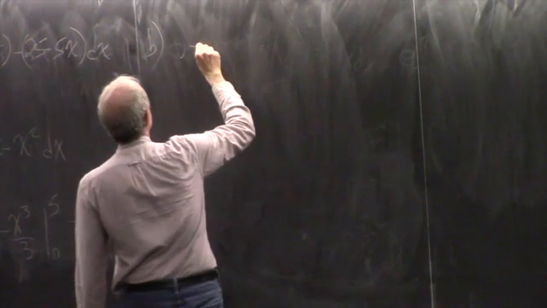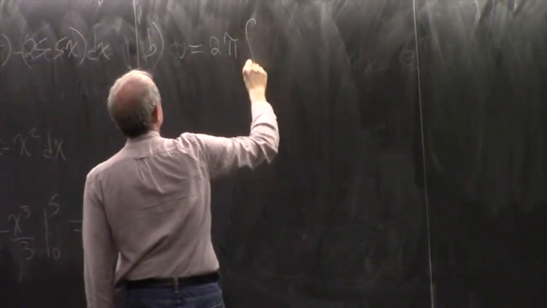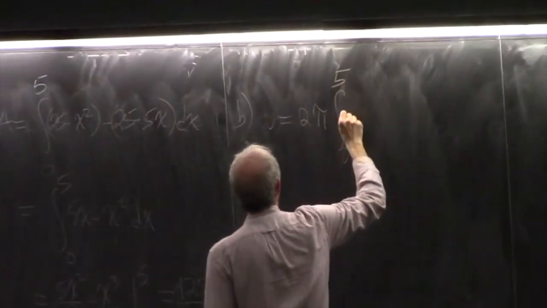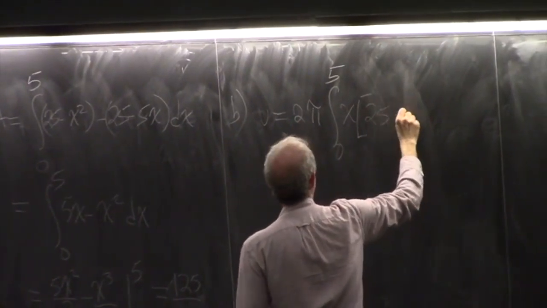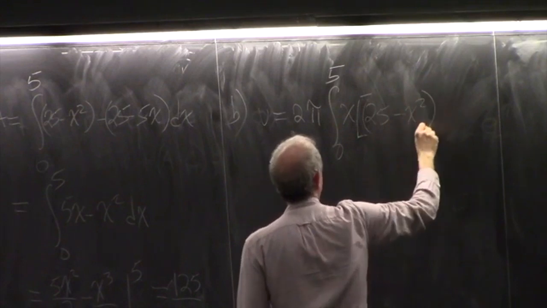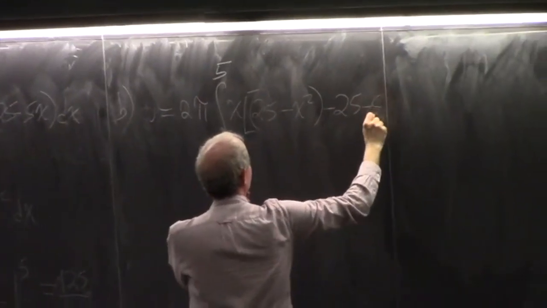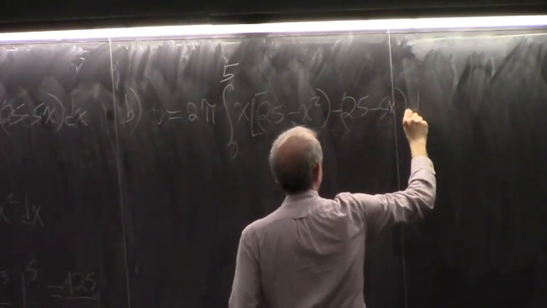So the volume will be 2 pi integral from 0 to 5 of x times (25 minus x squared minus (25 minus 5x)) dx.